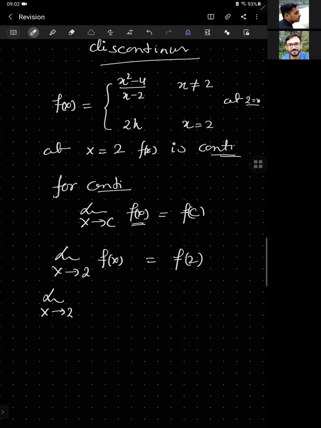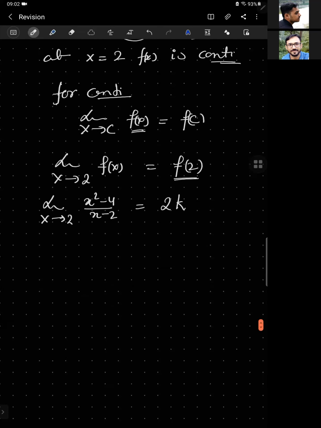Limit of x tends to 2 means it is nearby 2, but not exactly 2, a little less or a little more than 2. So we need to take the function which is not exactly 2, that is x square minus 4 upon x minus 2. And at x equals to 2, the function value is given as 2k.